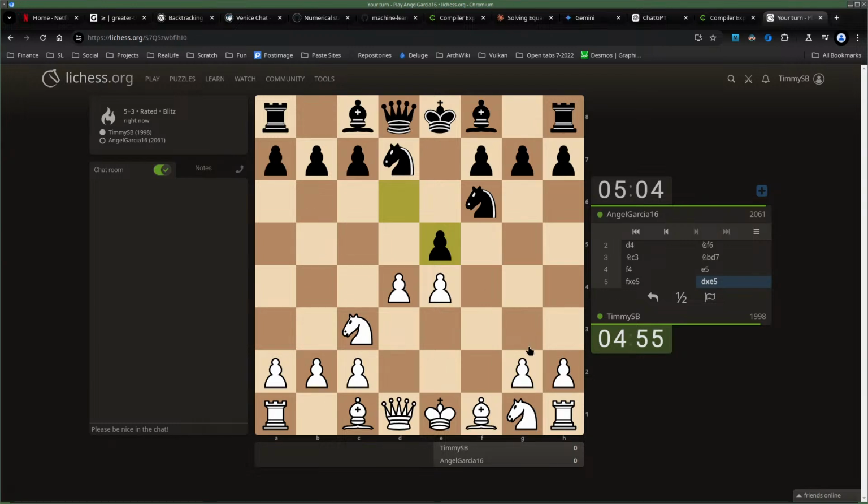And now develop. Yeah, if I take with the queen, you can just develop with tempo. That's not it. I'm gonna go here to the knight.